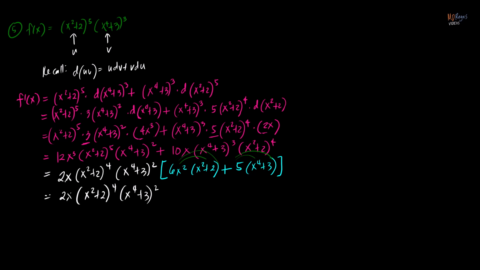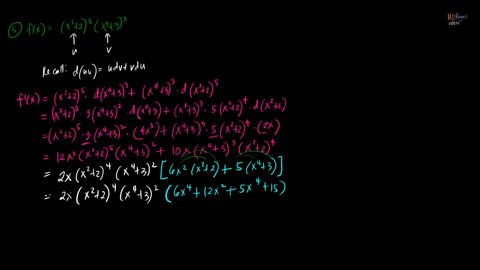Now removing the grouping symbols, we'll have 6x squared times x squared is 6x to the fourth. Plus 6x squared times 2 is 12x squared. 5 distributed inside x to the fourth plus 3 will have 5x to the fourth plus 15.